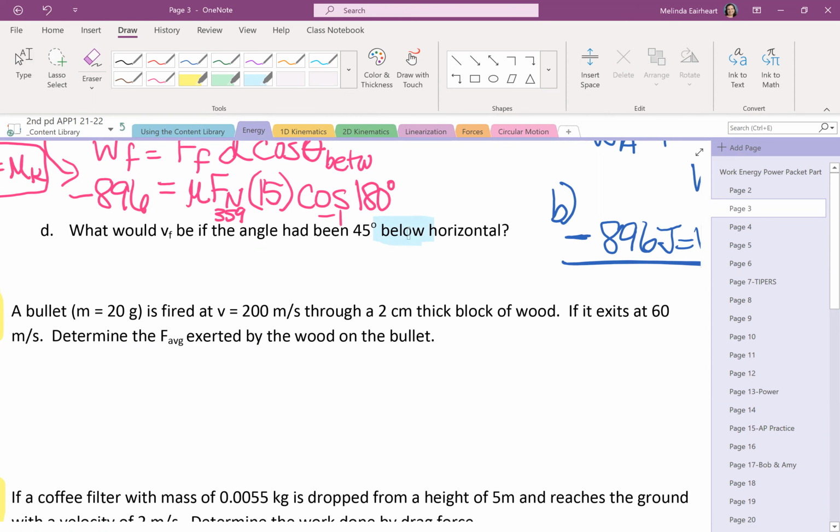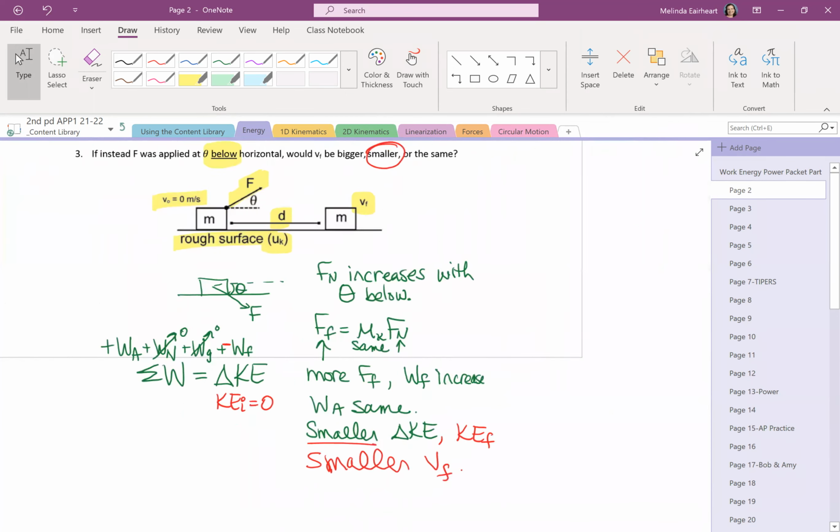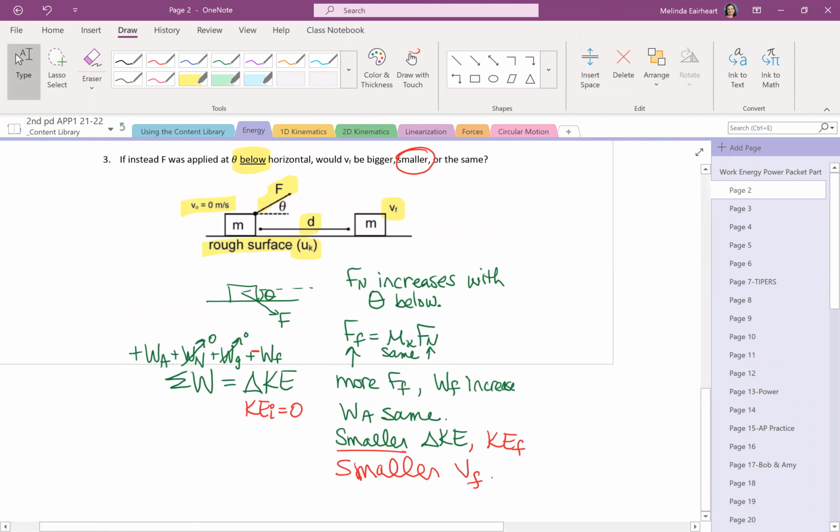On page 2, at the bottom, we used the work kinetic energy theorem, so that when you push down on the object, what happens to your normal force? Increases. What happens to the frictional force? Increases. What's going to happen to your change in kinetic energy and speed? It's going to decrease because you're subtracting a bigger work of friction.